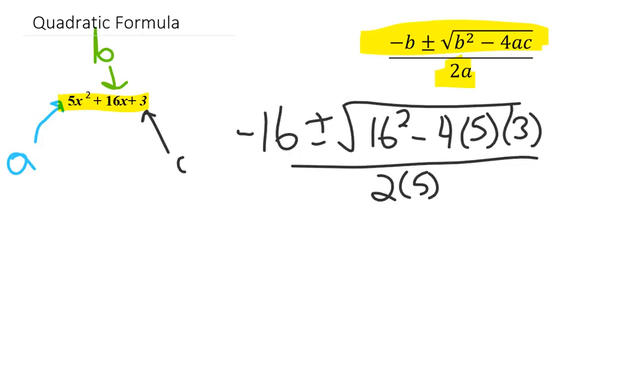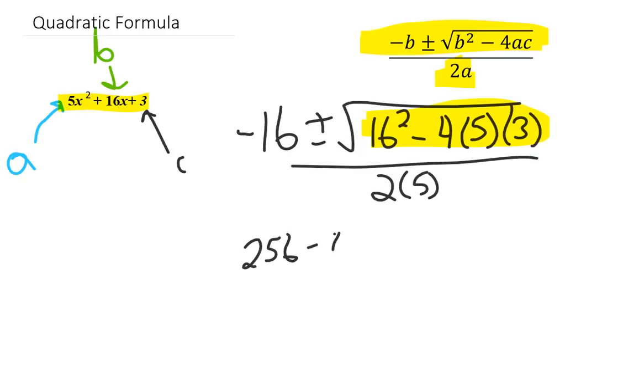Now what I like to do next is just simplify everything in here. So the first thing we will have to do is find what 16 squared is. So 16 times 16 is going to give me a 256. 4 times 5 is 20.